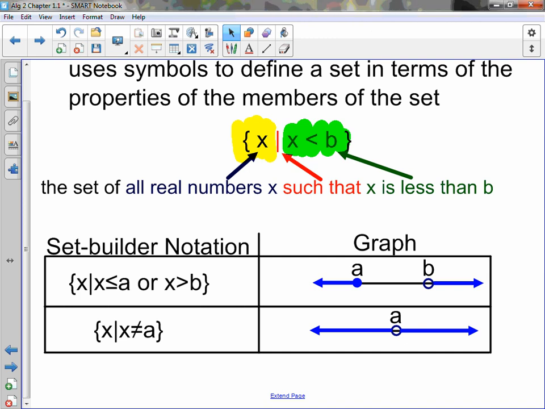I used a different number for the other hour. For all real numbers x, x is not equal to a, whatever a is. So it's every number on the number line, excluding that one number. Any questions on either one of these here? Okay, that's fine.